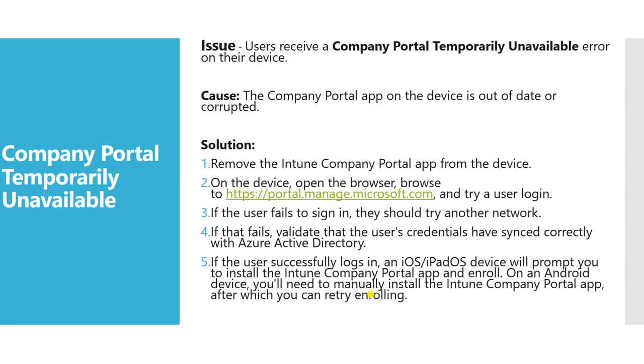So this is an online company portal. It works similar to the company portal app, and you can access it online. If you're able to log in, then it's a problem with the company app installed on your machine. If you are unable to log in, then you need to check whether the credentials synced well in the Active Directory or not.